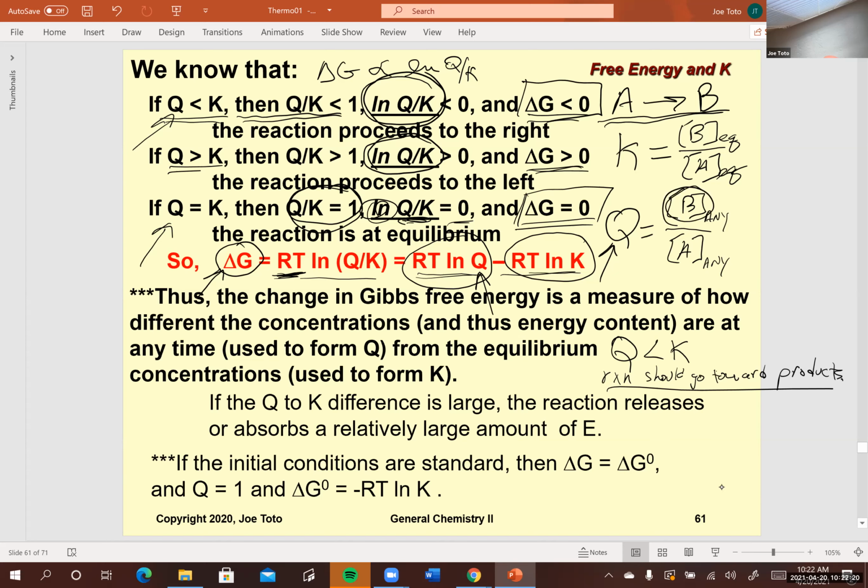So I'd have a 1 here and a 1 here, which is 1. The log of 1 is 0, so this drops out. So delta G under standard conditions, delta G 0, is directly related to the equilibrium constant. And so we get this direct relationship between the equilibrium constant and delta G under standard conditions. Any questions on that?